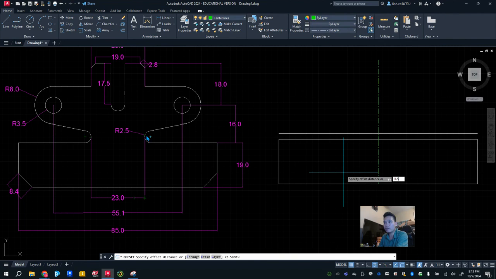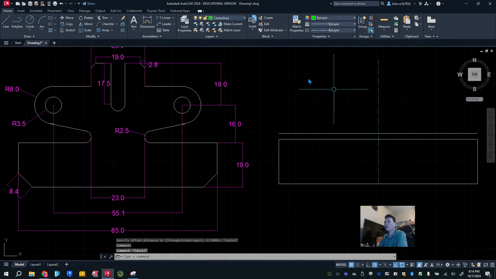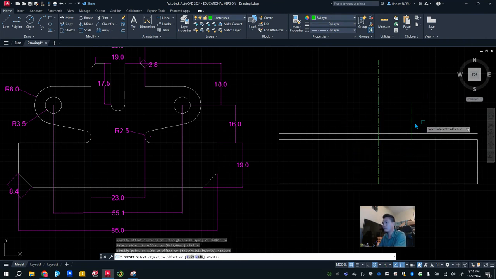Now we know the radius is another 2.5. So instead of 11.5, I'm going to offset it completely, 11.5 plus 2.5. So 13, 14. So I'm going to offset 14 units. I'm going to offset that to the right, that to the left.